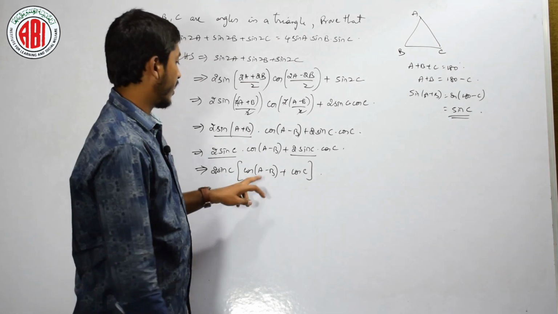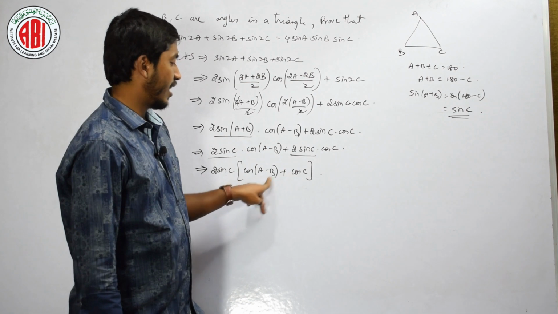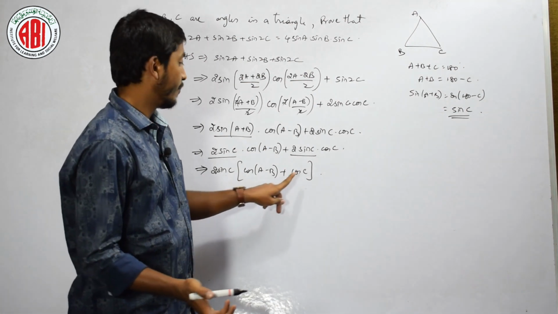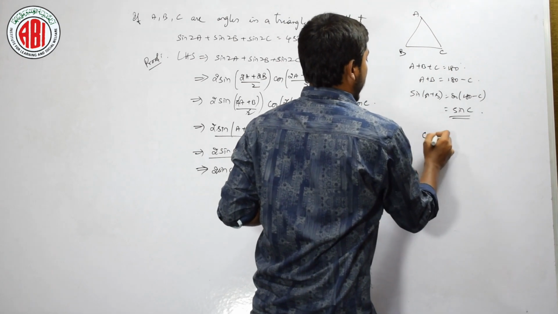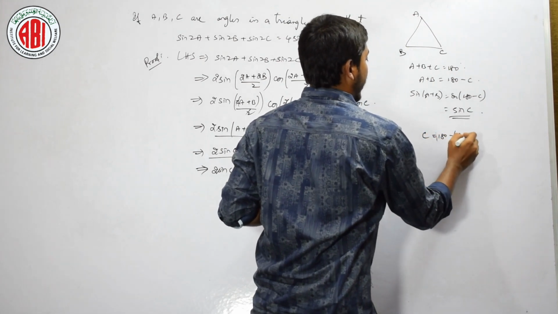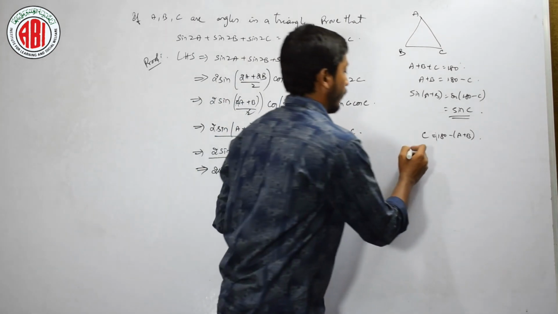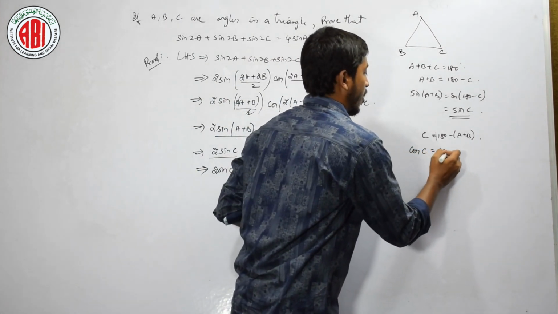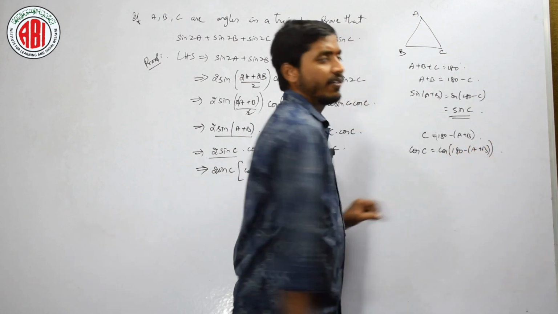Okay. Can we change any one of the terms? We can change this cos C, right. However, we can't change A minus B. Now can I write the C as 180 minus of (A plus B)? I can write, right. Then cos C is equal to cos of 180 minus of (A plus B). Which quadrant?